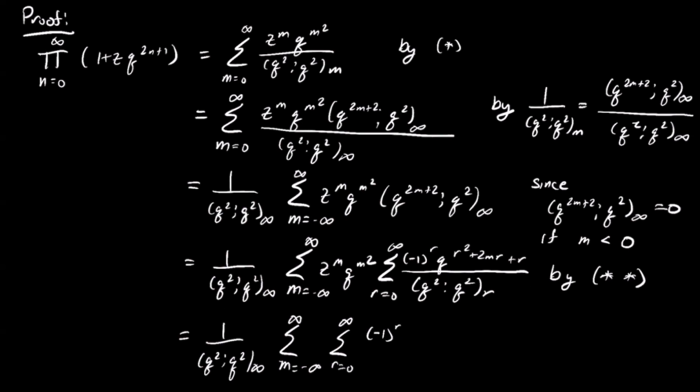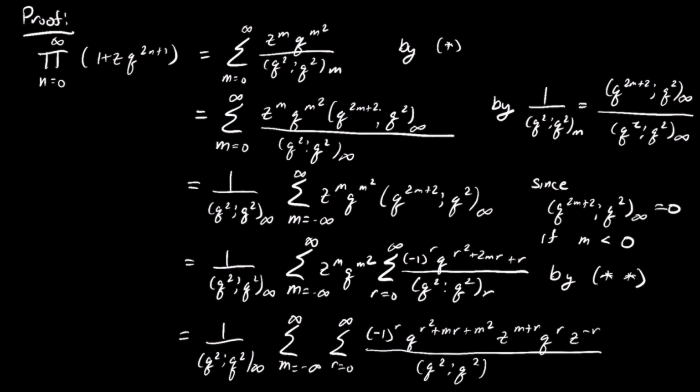I'm going to write this as q to the r squared plus 2mr plus m squared, z to the m plus r, q to the r, and z to the minus r, divided by (q squared; q squared) sub r. And I'll let you check that these terms actually work out.